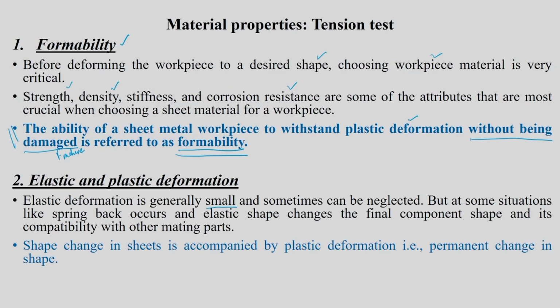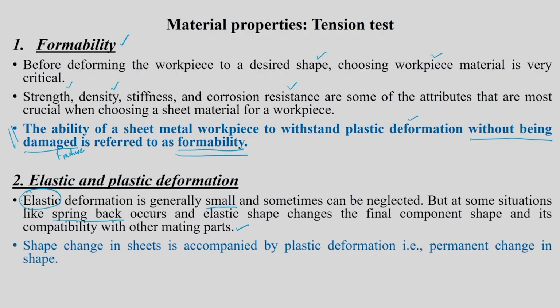Okay, but in certain situations like spring back, which we will see here, which is nothing but something called elastic recovery. Okay, wherever spring back occurs, the elastic shape changes the final component shape and it's incompatible with other mating parts. Okay, so it's going to disturb two things: one, shape change, and it is also going to disturb its compatibility with the other mating parts.